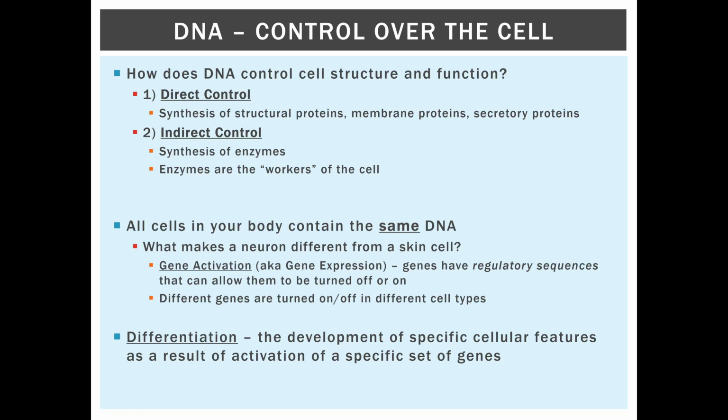And then as the embryo progresses, that cell is dividing over and over again until it's making hundreds and billions and tons of cells. And then as it makes all of those different cells, different areas of those cells start to differentiate, which means they turn on specific sets of genes. And so this group of cells will become your brain cells, another group of cells will become your stomach cells, a further group of cells will become your liver cells, etc.